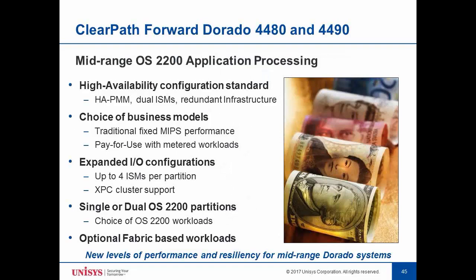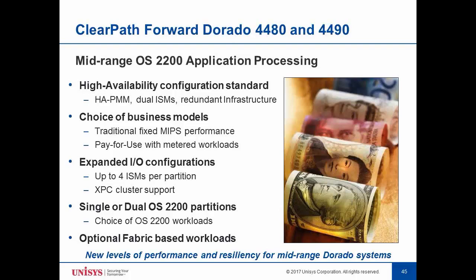The 4480 and 4490 do include all the high availability configurations as the 6000 and the 8000 models, where they have the HAPMM as a standard feature, 2 ISMs as a standard configuration, and all the infrastructure, the fabric connections, the fabric switches, things that build the fabric for the OS 2200 capability, those are all redundant as well.